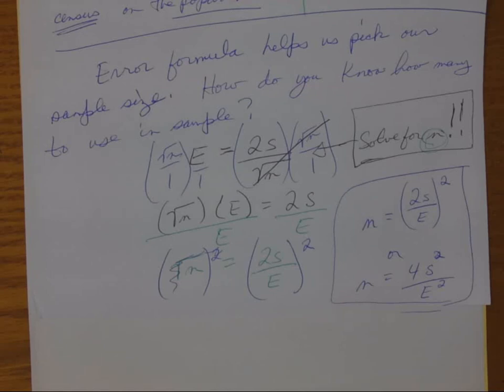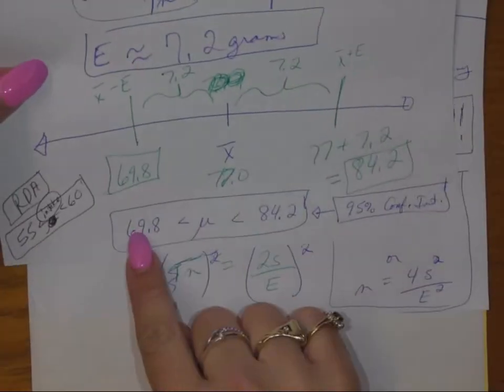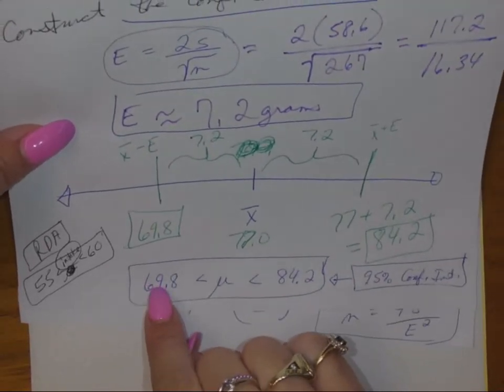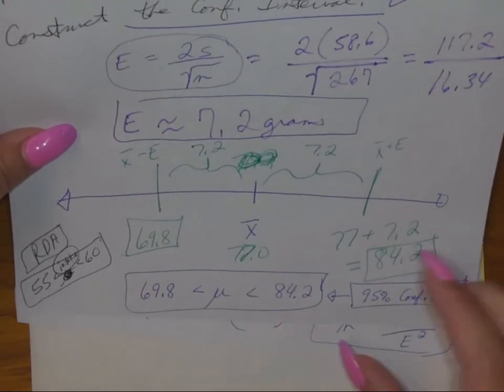All right? Okay, so I think that's about it for me for sampling errors, statistical significance, and confidence intervals. Just remember, you need to be able to construct that confidence interval so that it looks like some number is less than your mu is less than some number, like the example we just did a minute ago.